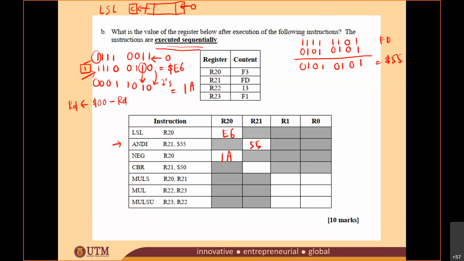So what you're going to do is just press the calculator. Make sure that your calculator is in hexadecimal. 00 tolak the value of your RD, which is 00 minus E6, you will get FFFFF1A. So you just take the 1A and put it in your result.